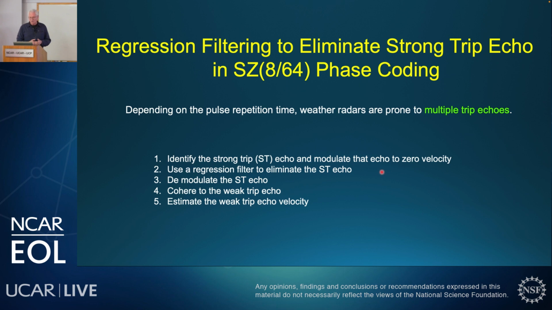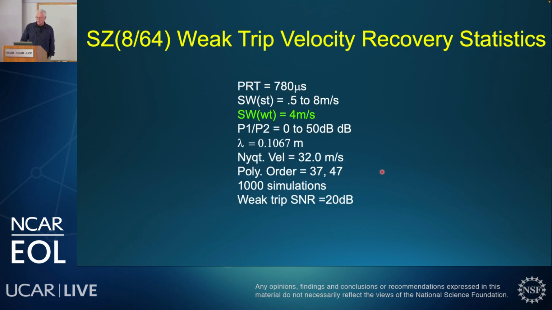Then you use a regression filter to eliminate the strong trip echo. After you've eliminated it, you can undo that modulation that you just did, and then you cohere to the weak trip, which has a different phase code on it because it was in another trip, and then you can estimate the weak trip velocity on it.